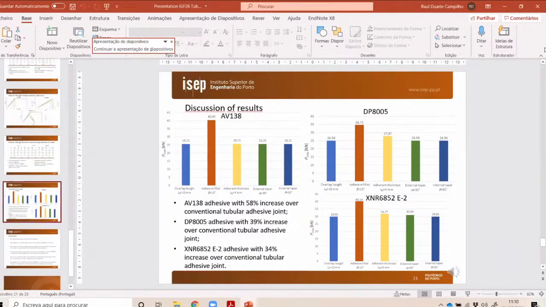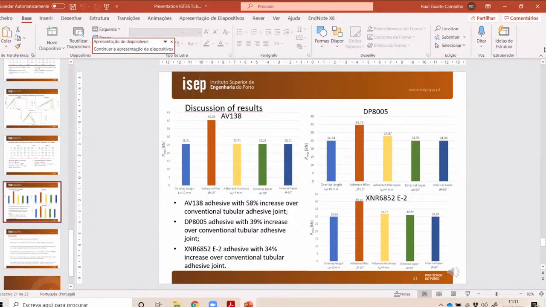Well, in this work we tested tubular adhesive joints, we made a validation, and we tested different geometric modifications of the tubular joints under impact loadings. We could see that we had major strength improvements over the joint without geometrical modifications.